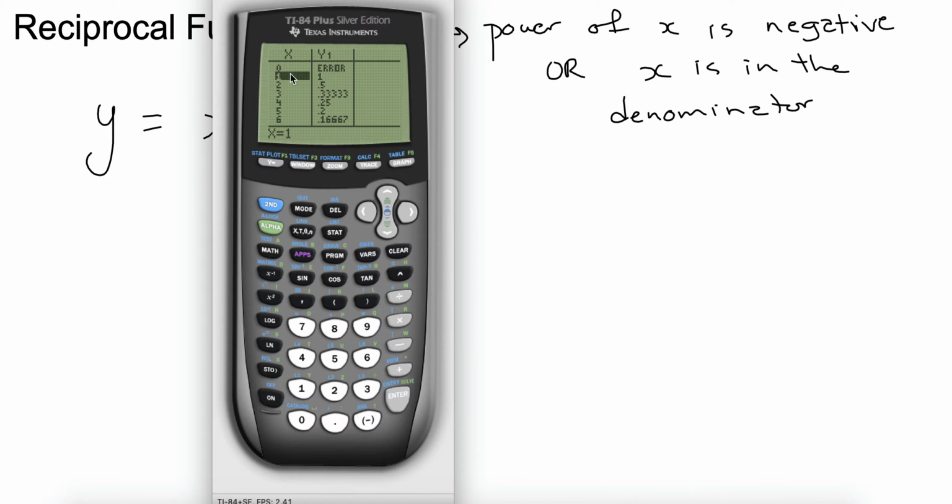It would be preferable if we had decimal points here, so 0.1, 0.2. In between 0 and 1, the y value is really big, and it goes up to infinity, and you'd notice that when x is 0, you have an error.